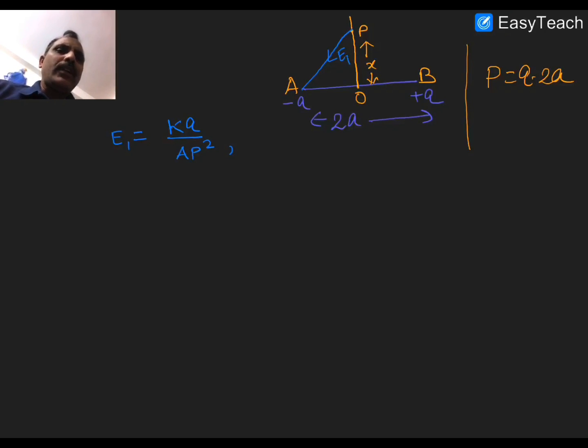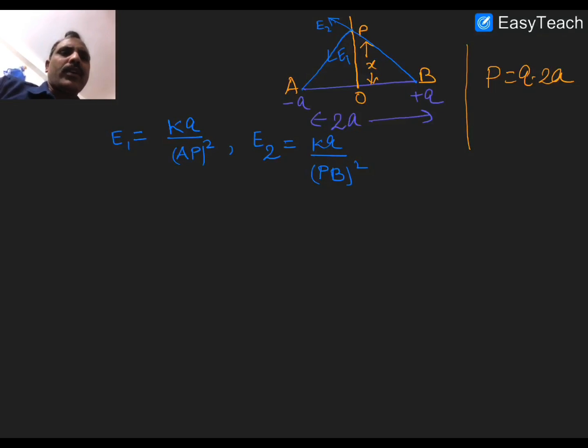Similarly, you can find the electric field at point P due to the plus q charge, E2. E2 is equal to kq upon the square of the distance, which means PB square.